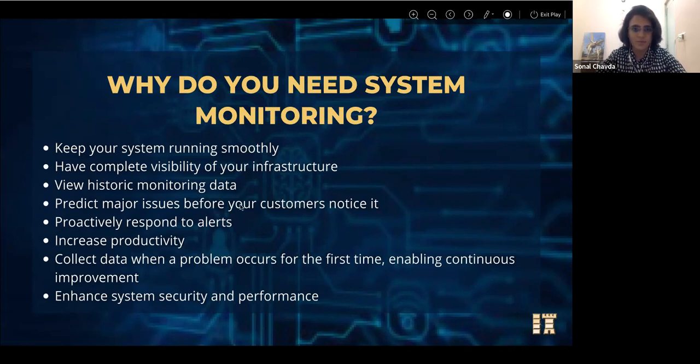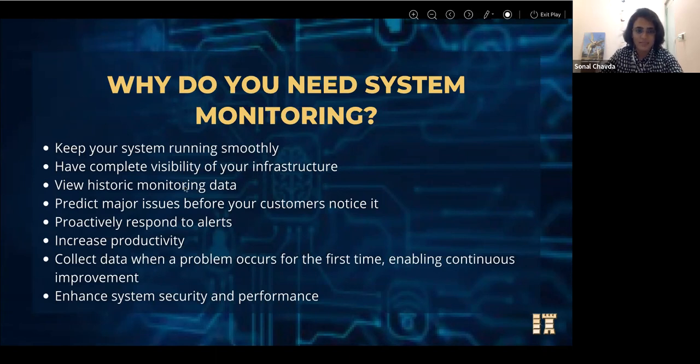The main reason why we want to monitor is that before your customers come across or face any issues in your services, your monitoring system well in advance predicts the major issues coming forward. With those issues and alerts from your monitoring systems, one can proactively respond in advance before the customers face them.